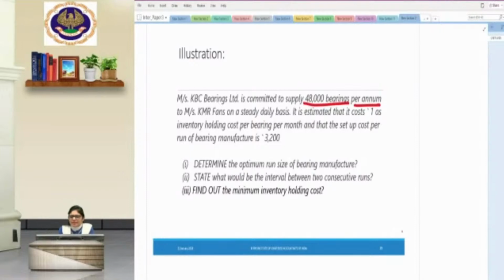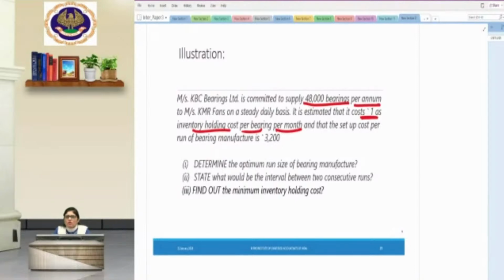It is estimated the cost is ₹1. See, here the cost is given in absolute terms. In the earlier question, the inventory cost was given as a percentage. In this question, it is given in absolute rupees: ₹1 inventory holding cost per bearing per month. You want the carrying cost per bearing per annum.